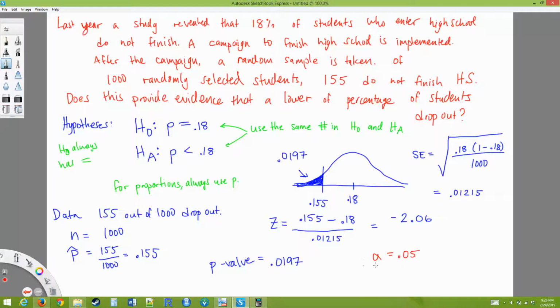If the p-value is smaller than 0.05, in general, we would say it's unlikely. So if the p-value is less than alpha, we say it is unlikely, and if the p-value is greater than alpha, we'll say not unlikely.